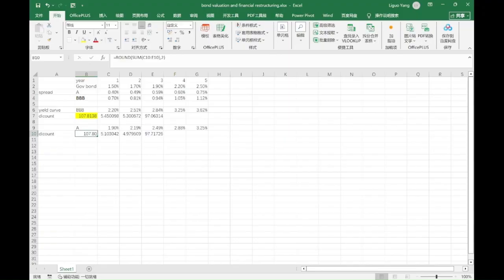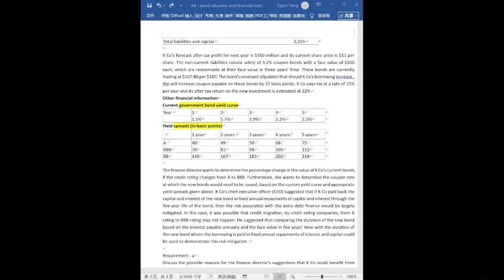It's trading at 107.8. I'll highlight it.